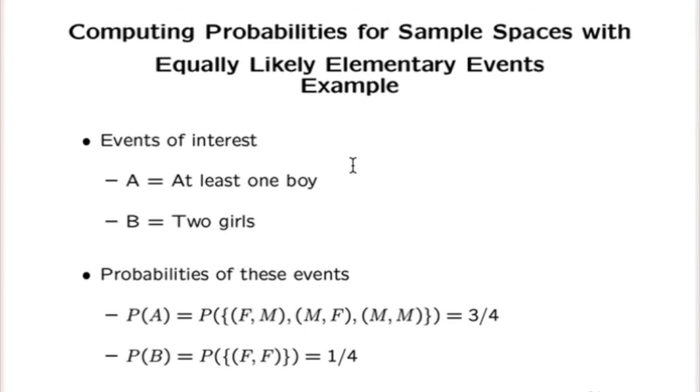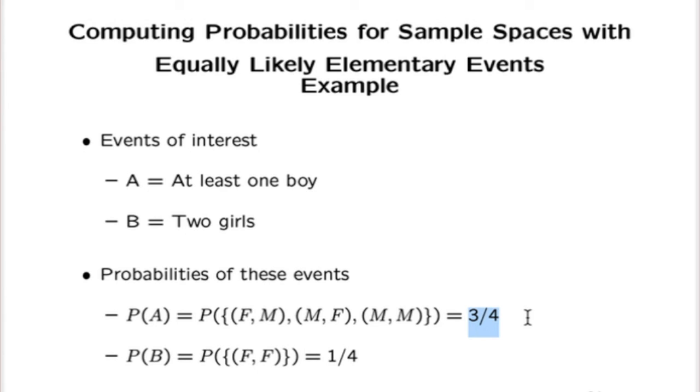And so we define some events of interest. The event A is that the couple has at least 1 boy. Event B is that the couple has 2 girls. The probability of A is equal to the number of ways they could get at least 1 boy, which is 3 ways, divided by the total number of possibilities, which is 4.